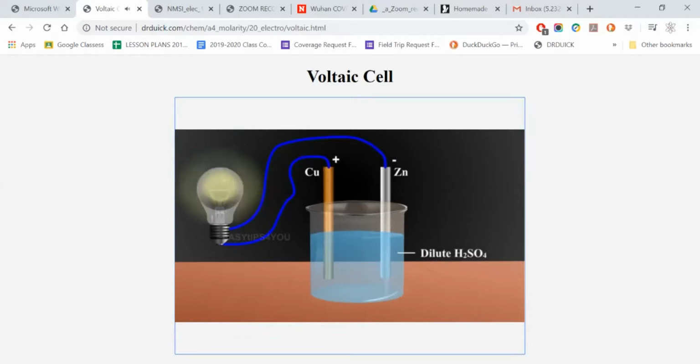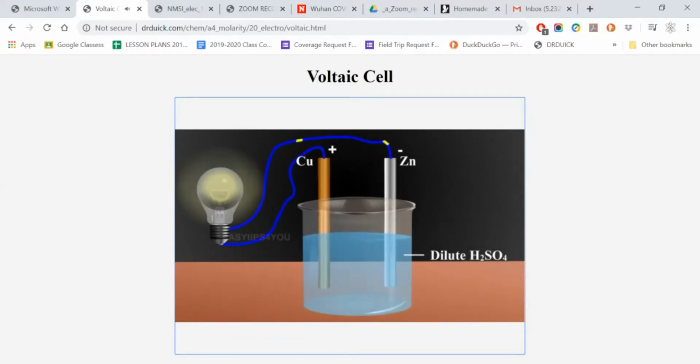How is the action of the cell? The action of the cell is explained in terms of the motion of the charged ions. At the zinc rod, the zinc atoms get ionized and pass into solution as Zn++ ions. This leaves the zinc rod with 2 electrons more, making it negative. What happens at the copper rods?